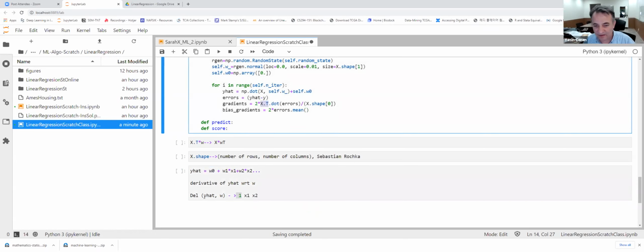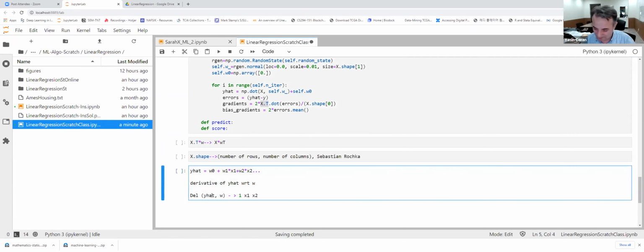The sign for derivatives, we call it del. That's why I call it del. It's the derivative. For the gradients of the bias term, we don't have any x. This is W0 times 1.